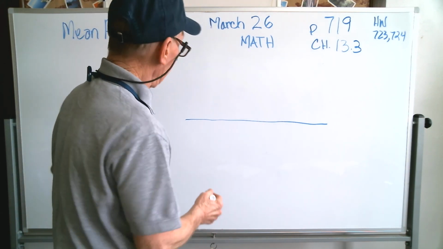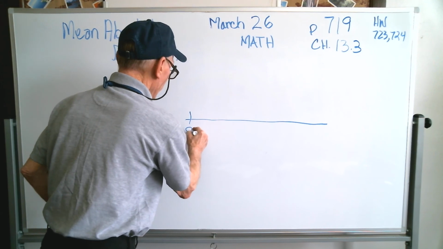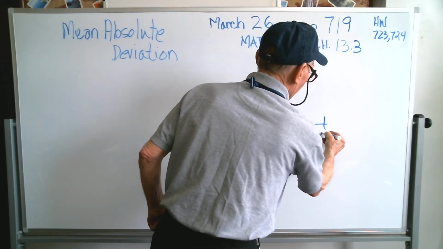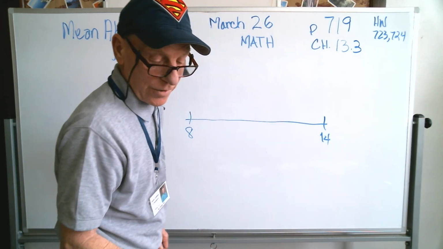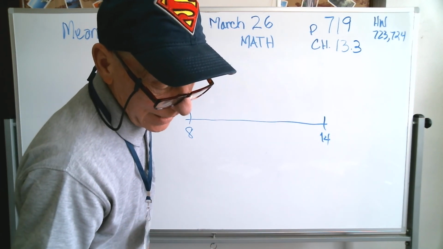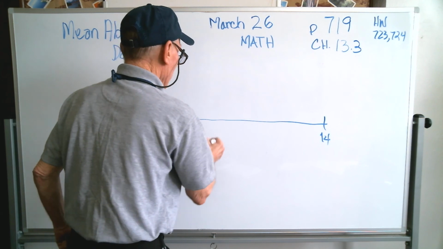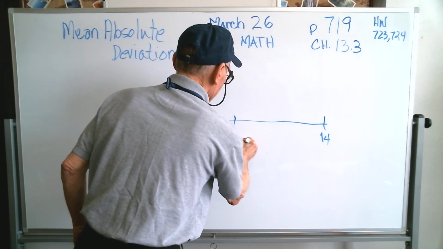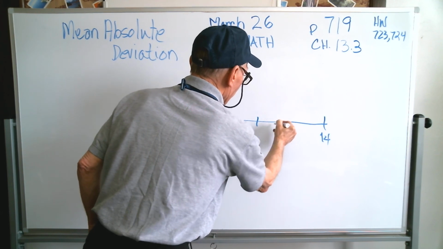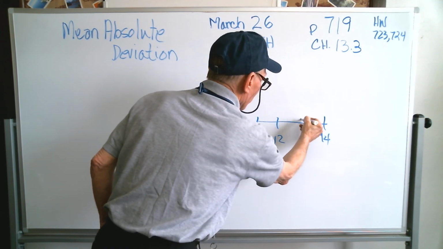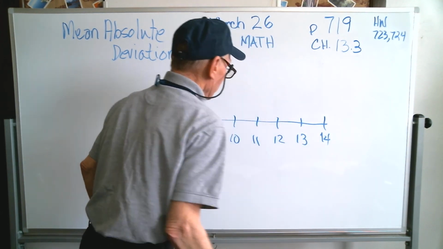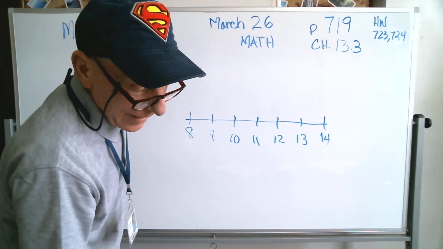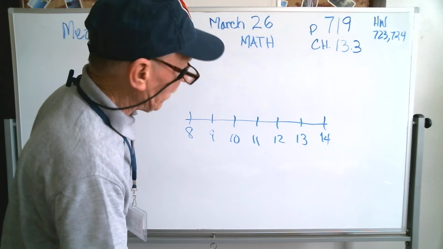In this one, they start here at 8, and this one goes up to 14 on your number line, and it goes up in one number increments, so 9, 10, 11, 12, 13, just like that.